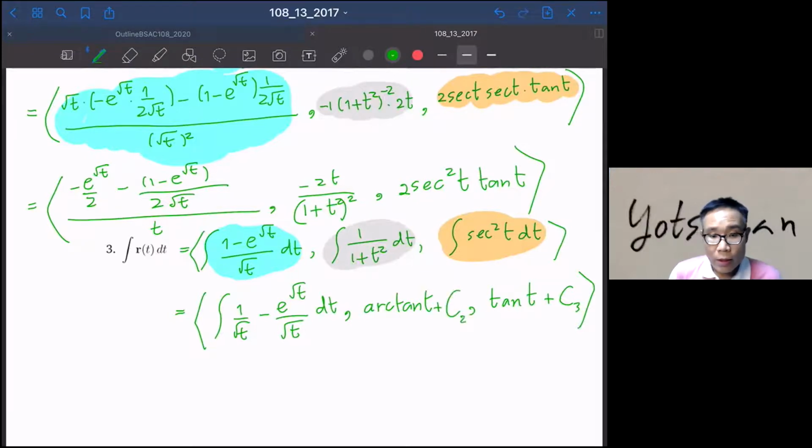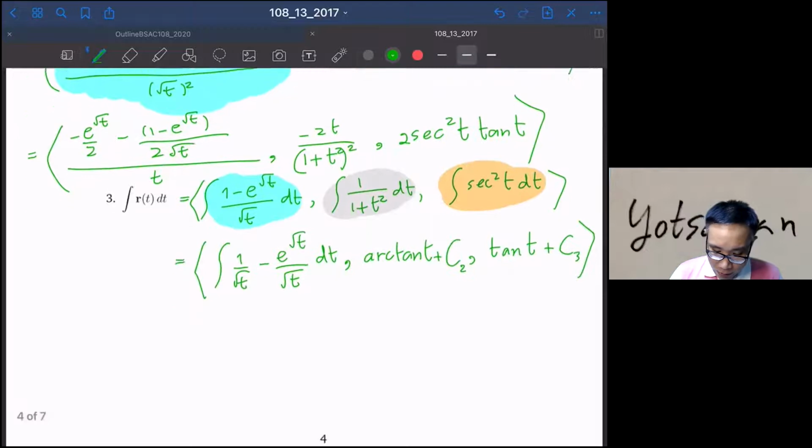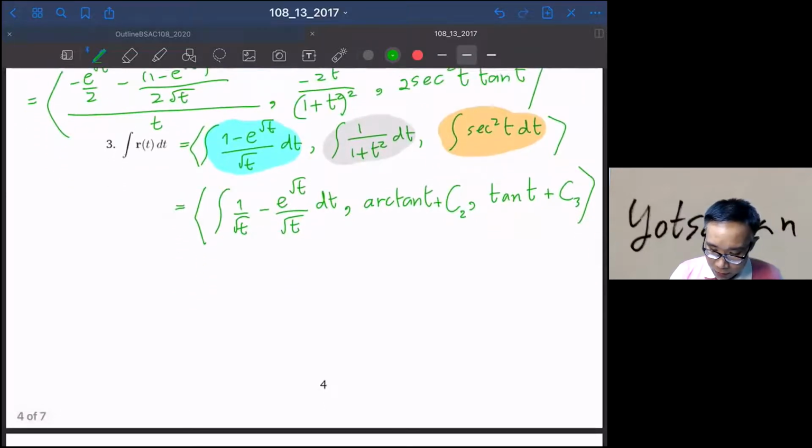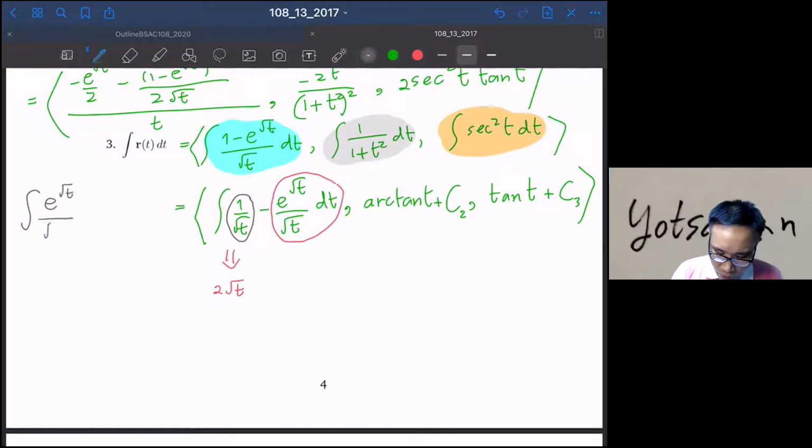For the first one, we have to take care of this separately. The integral of 1 over root t, as we did last semester, is 2 root t. Then you need to integrate e to the root t over root t dt using substitution.